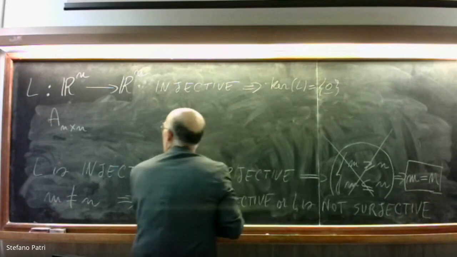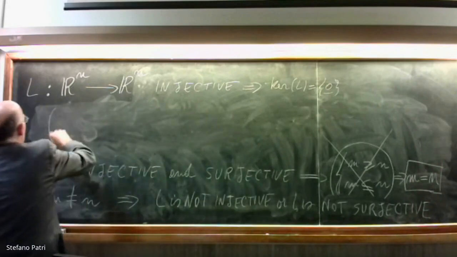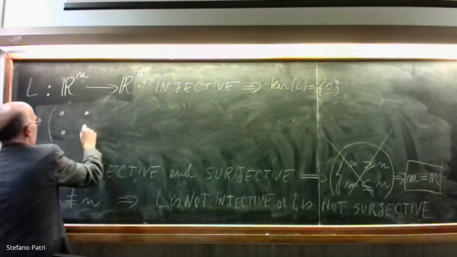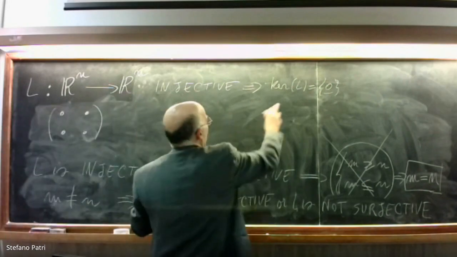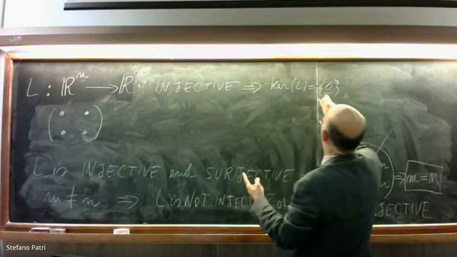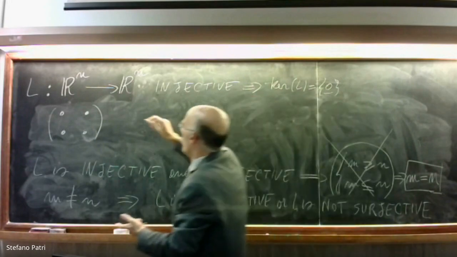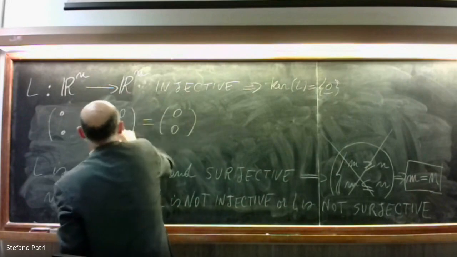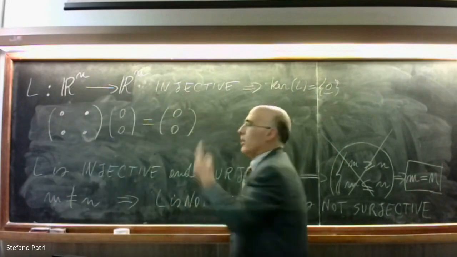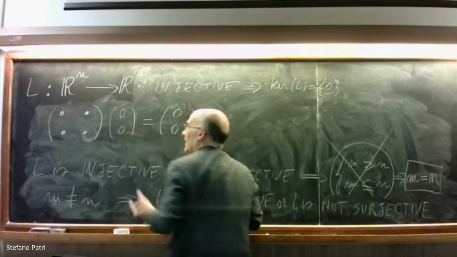A square matrix can have only the zero vector in the kernel. We want only this equality, not other vectors here.